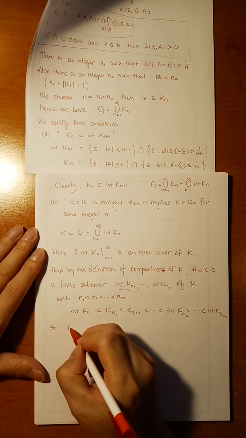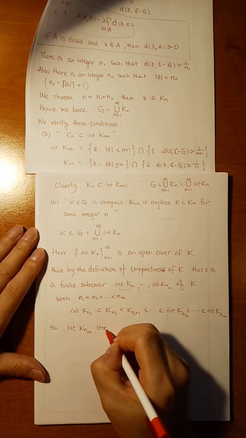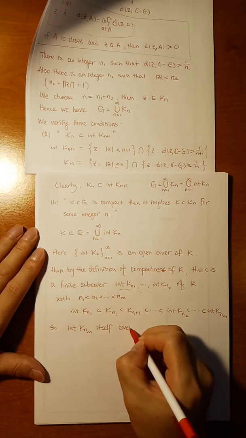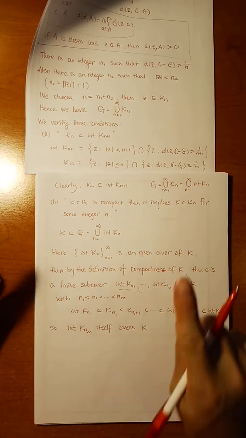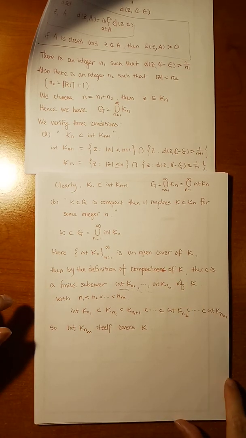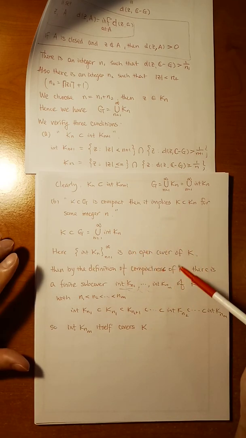So the interior part of Knm itself covers K. You don't need a finite subcover. You need a single one. It's just because of this, where is it? Yeah, this condition.